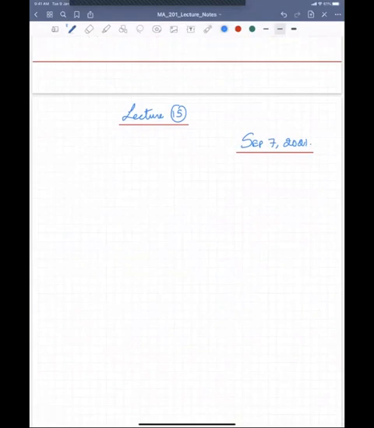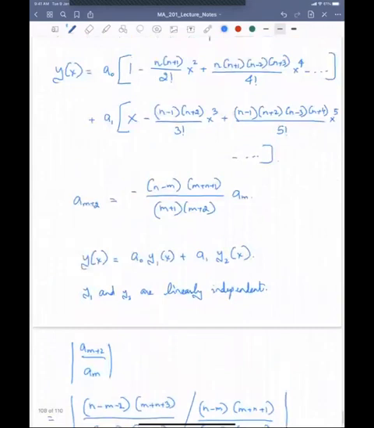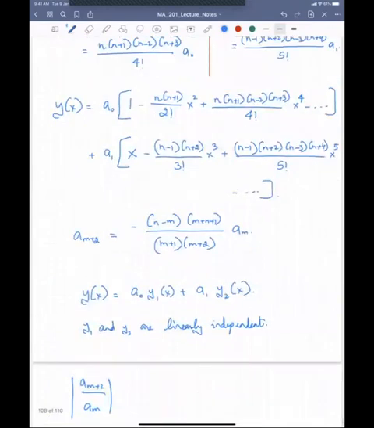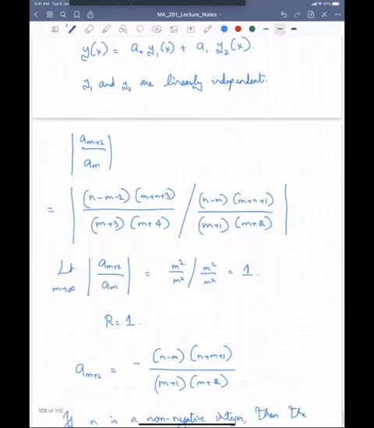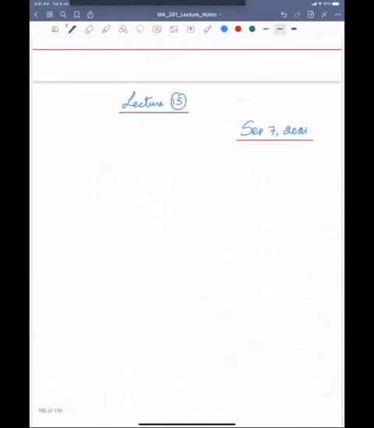In the series right here, you notice that there are two undetermined coefficients, right? So looking at this as an ordinary differential equation, the coefficients a0 and a1 are in my hand. So if I'm not given explicitly what the initial values are, I can fix them to whatever I want.